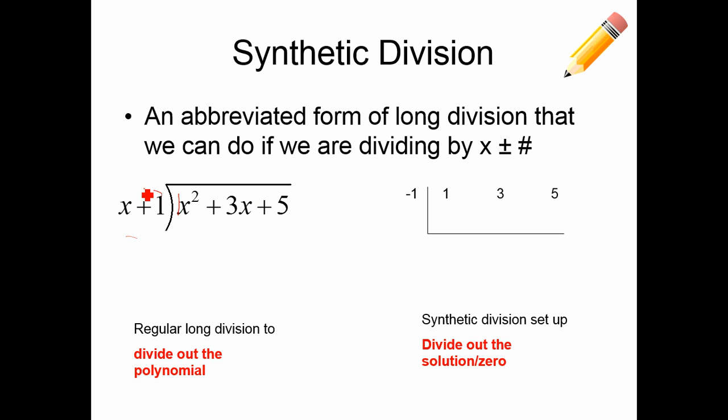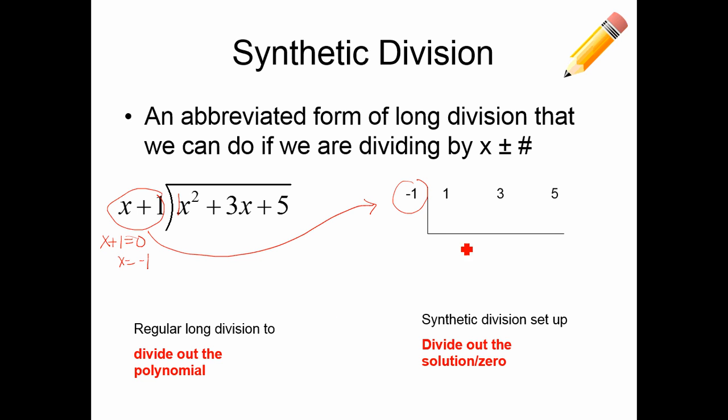Also, the x plus 1 on the outside, in fact, the solution is shown in synthetic division. So, for example, if I put x plus 1 equal to 0, I get a solution of -1. That -1 is the value that I place on the outside of a synthetic division setup. So they may divide the polynomial the same way, but the setup, or the way we begin, is a little bit different.